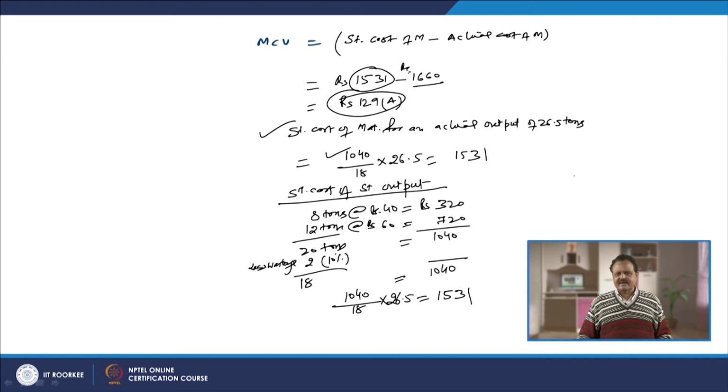So, we have to find out why the output has come down. The expected output was 27 units, total input minus 10% wastage, but actually it has come down by half a unit. It is not 27 but 26.5. So, when you revise everything in the light of the 26.5 actual output, the standard cost also changes, then the mix we have to revise, and similarly we have to go for the yield also.